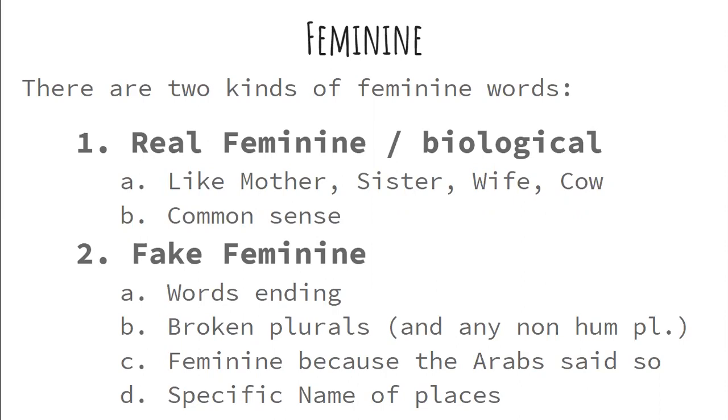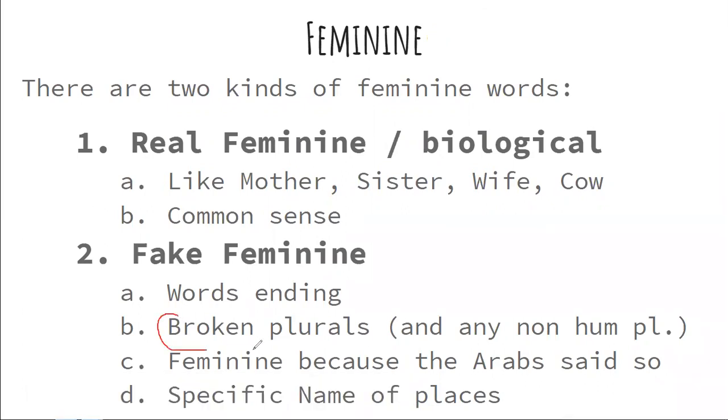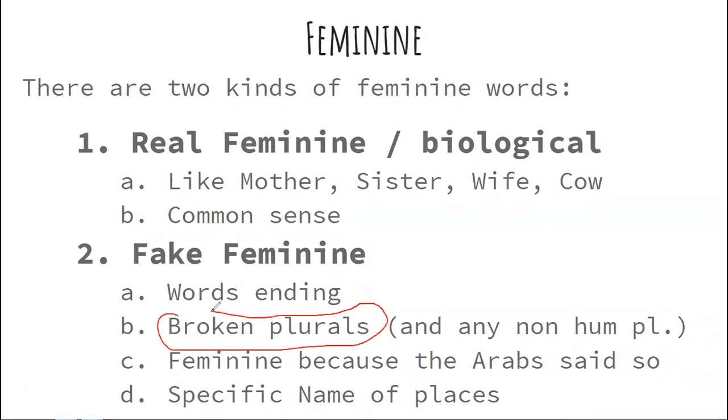In this category of fake feminine we have four subcategories: word ending, broken plurals. You already know this rule. We don't have to study broken plurals here again. You learned this in our plural class. A broken plural is considered singular and feminine, right?